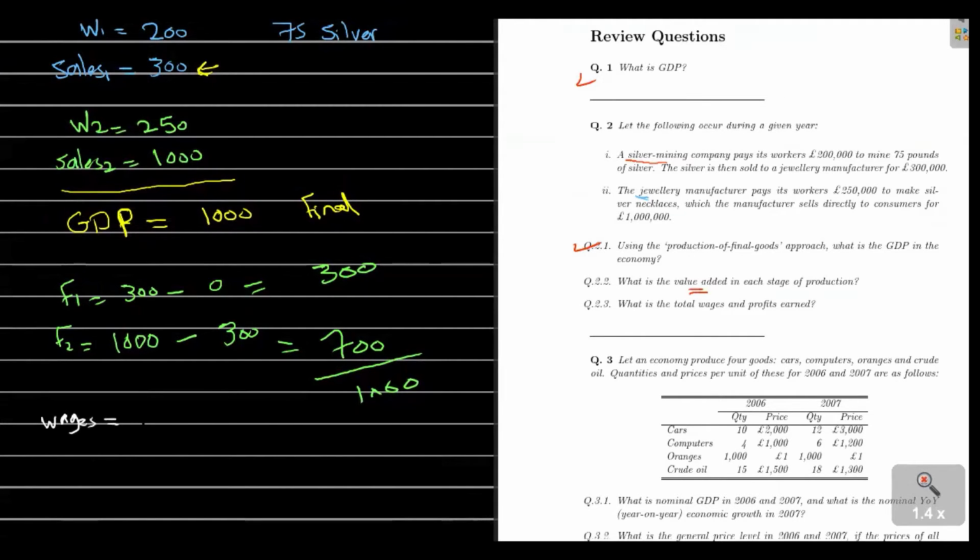Firm one pays 200,000 plus firm two pays 250,000. That gives us 450,000 paid in this economy as wages. Okay. So what else could we get from here?